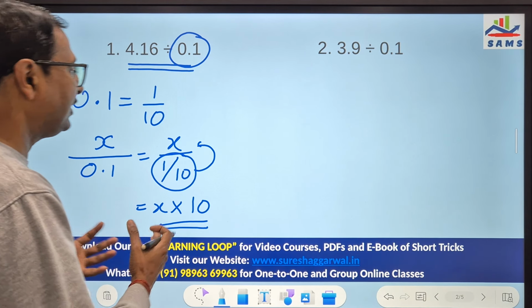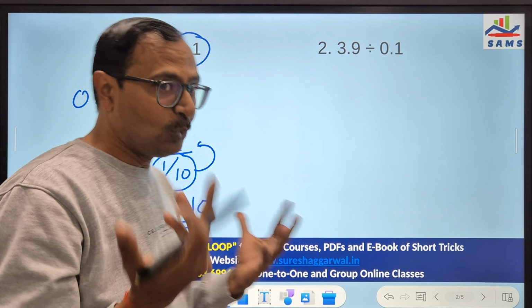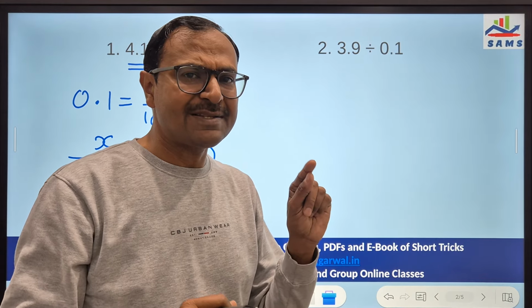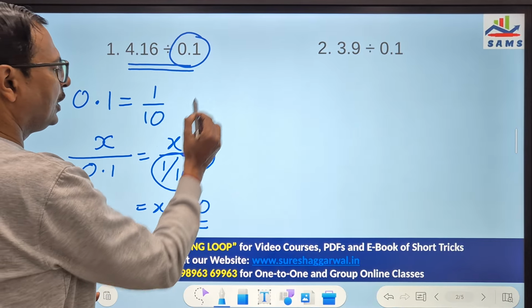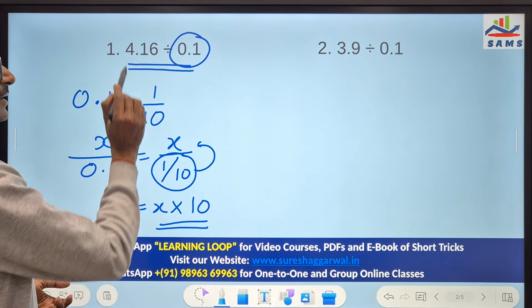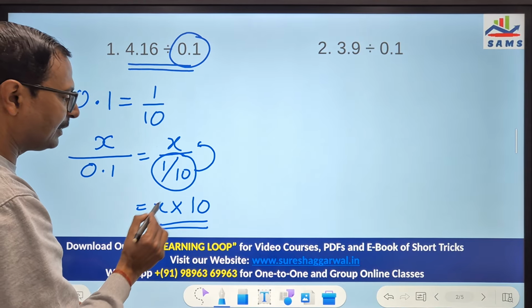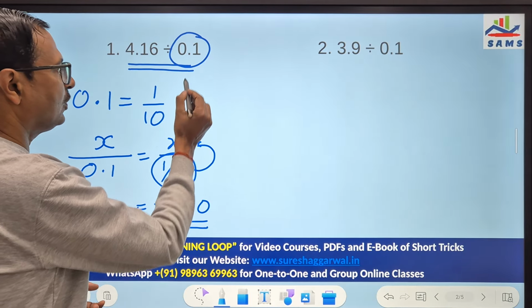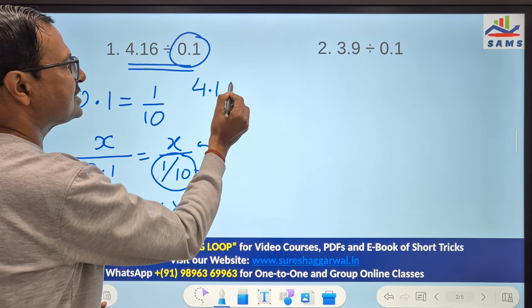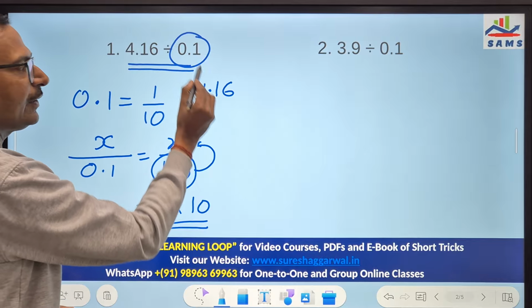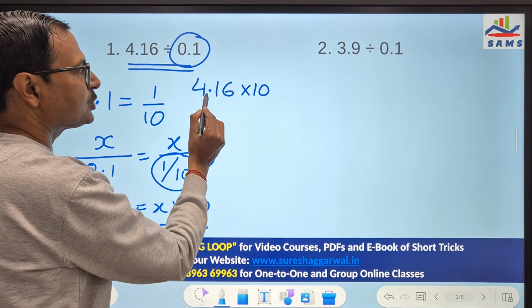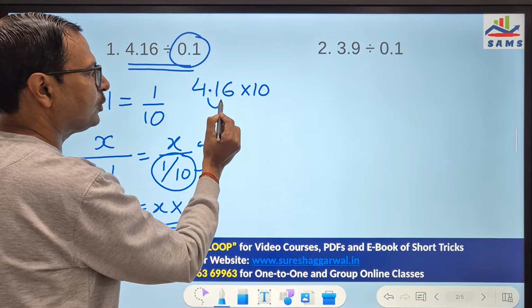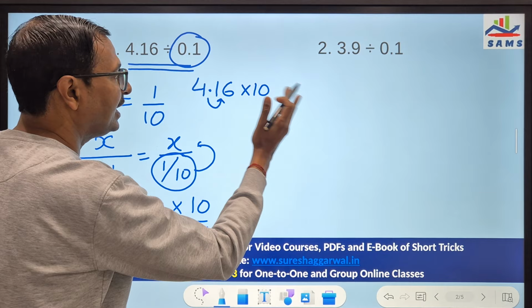But what will happen if you divide by 0.2? That we will see. Let's do 0.1 first. So I know that the concept says that division by 0.1 is multiplication by 10. So 4.16, which is being divided here by 0.1, is to be multiplied by 10 to get the correct answer, and so the decimal is to be shifted one digit towards the right.